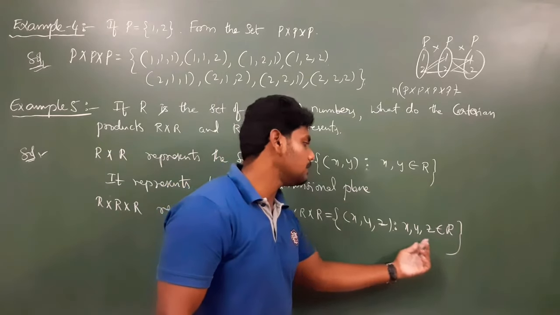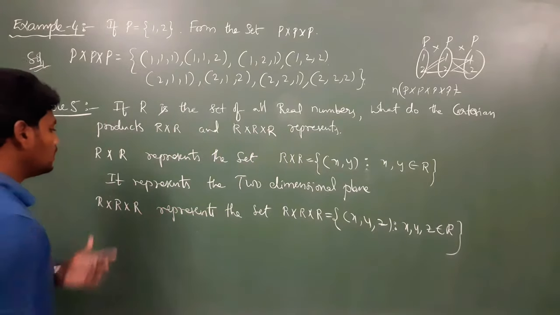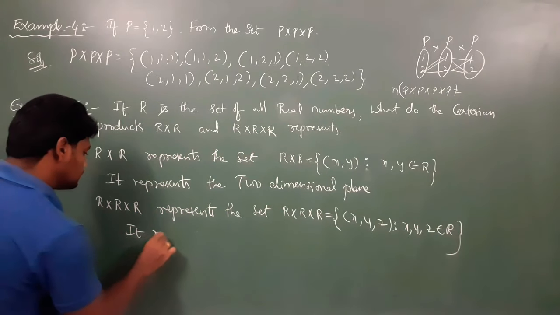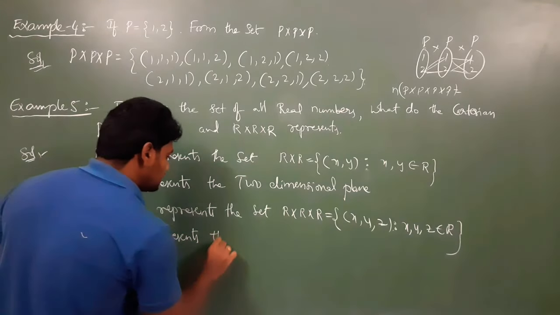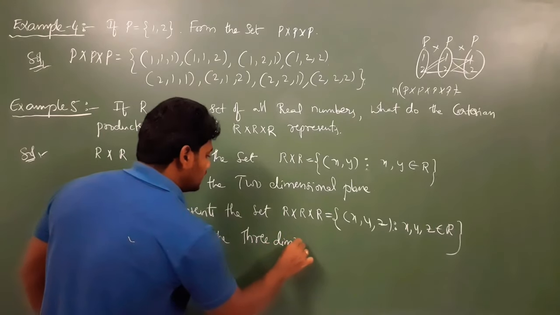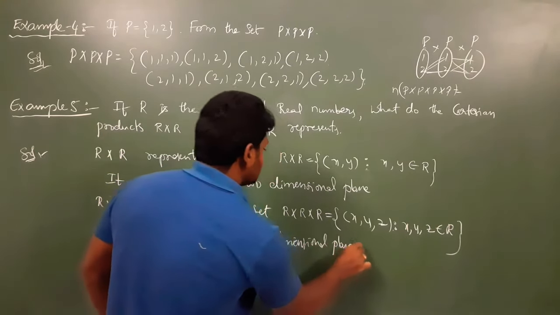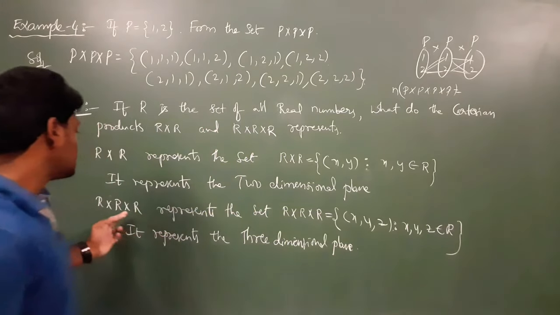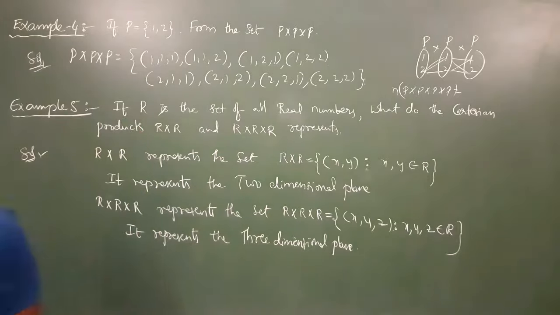In that case, a, b, c belongs to R. Right? Now what does it represent? Here ordered triplets will be there, so it represents the three-dimensional plane. R cross R means two-dimensional plane. R cross R cross R means three-dimensional plane. Pause the video and note it down.